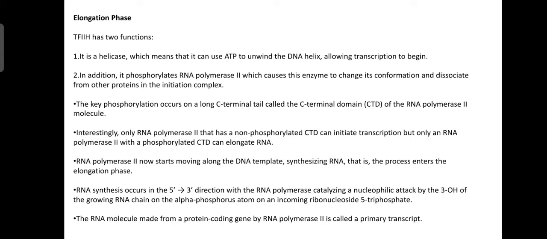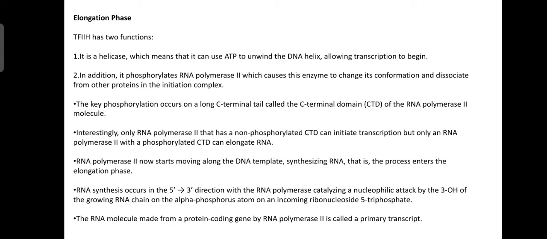This is an important point. For initiation, RNA polymerase 2 doesn't need the phosphorylation, but to elongate the RNA, it needs the phosphorylation at the CTD, carboxy-terminal domain, which can elongate the RNA.